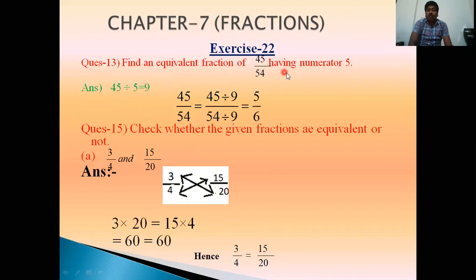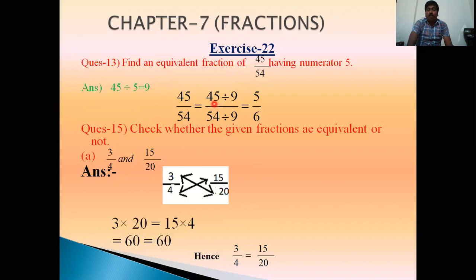So children, we divide this number to this number, because our numerator should be 5. 5 is lesser than the 45. And how can we find the lesser value? When we divide any number, we get a lesser value of the given number.